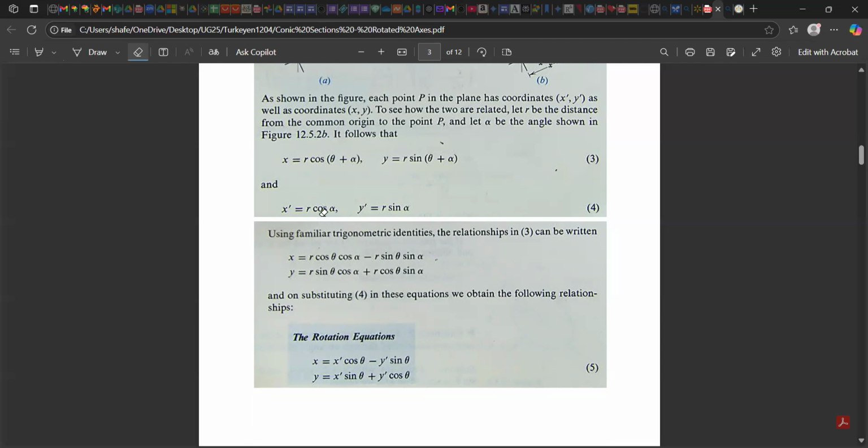If we take x prime and put it where we see r cos alpha, and we put y prime in the place of r sine alpha in this expression here, we're going to get it. And what we basically have here now is what they call the rotation equation, right? Basic thing is that you're seeing a relationship between x and x prime, right?